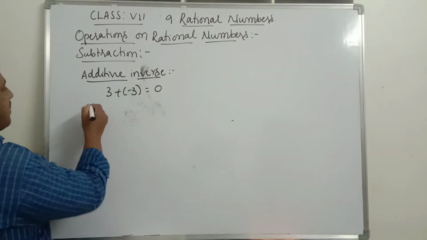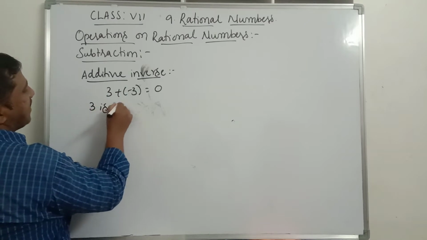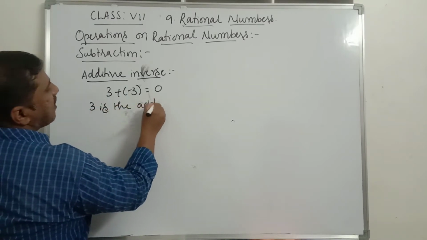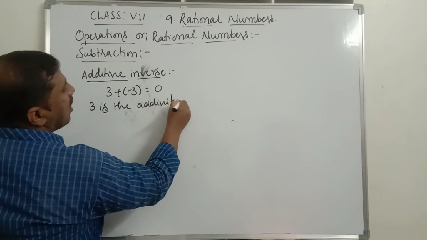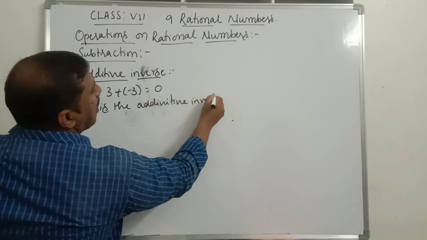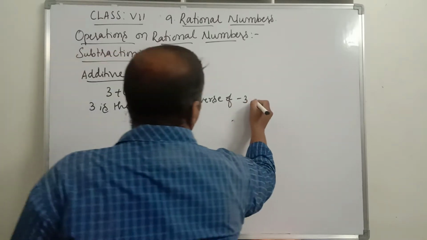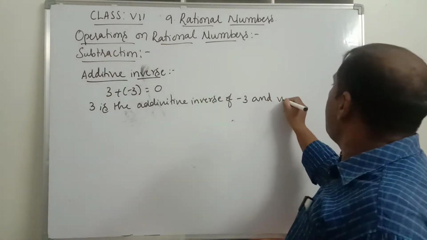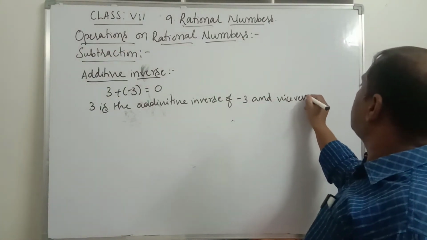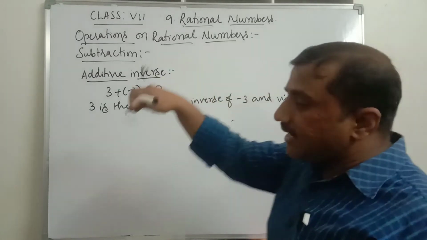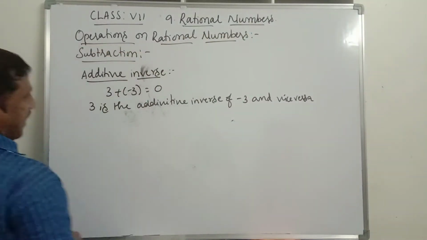Now here 3 is the additive inverse of minus 3 and vice versa, in the sense minus 3 is the additive inverse of plus 3.